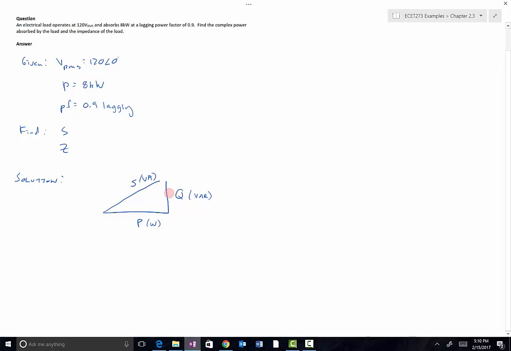This is for an inductive circuit, and we know that in an inductive circuit, current lags. So this is the one we're dealing with in this problem statement.